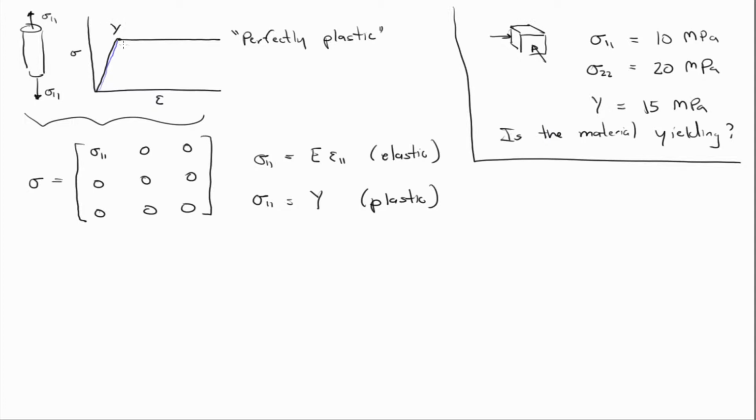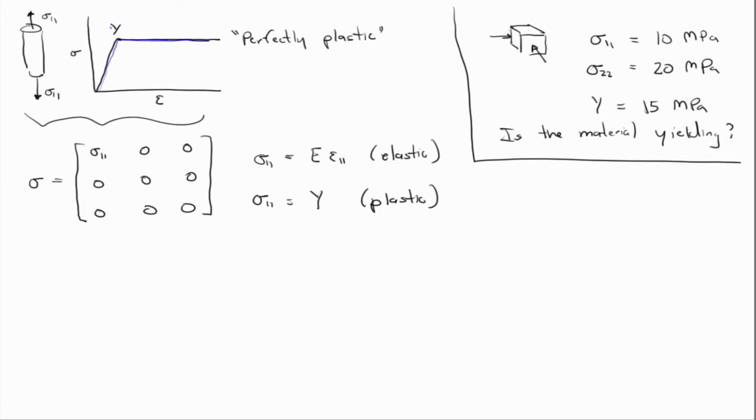As soon as I cross that point, I'm plastic, meaning I'll continue to increase the strain, but the stress never increases past Y. I'm always just at the stress Y.